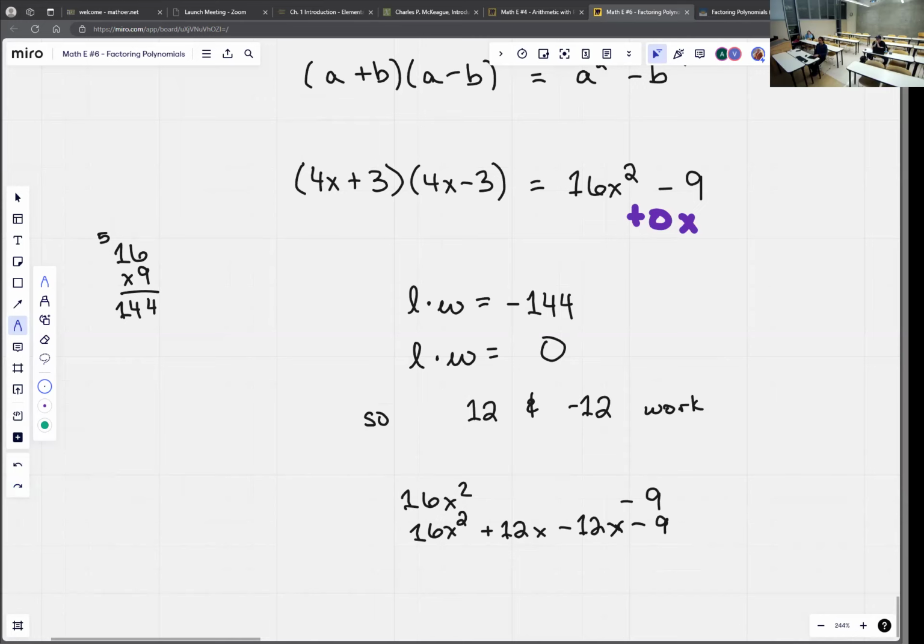And then what's the GCF of 16 and 12? That's 4 and an x. And what's the GCF of 12x and 9? That looks like a negative 3, with a plus there. And then the first part before the parentheses comes together, the 4x and the negative 3.